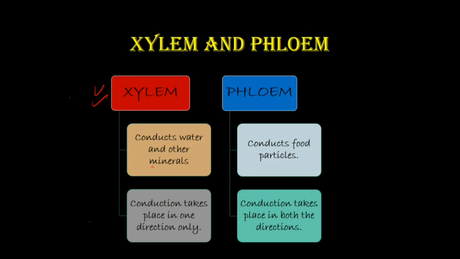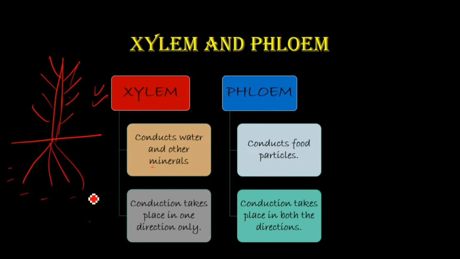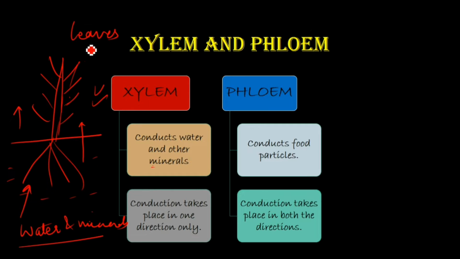Xylem conducts water and minerals. And now, how do they do that? You know, these are the roots, and this is the shoot part. From the soil, the roots absorb water and minerals. Now, these water and mineral particles have to be transported in an upward direction to the branches and the leaves. Why is this so? Because in the leaves, food is prepared through the process of photosynthesis.